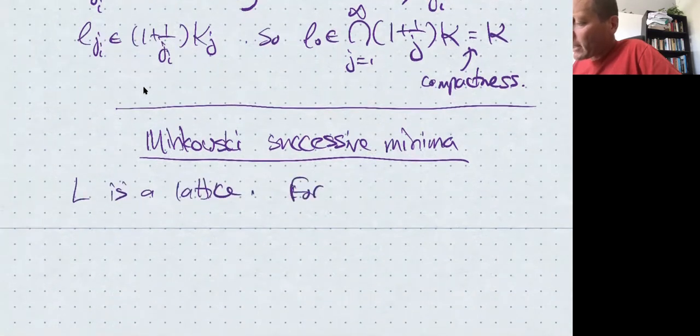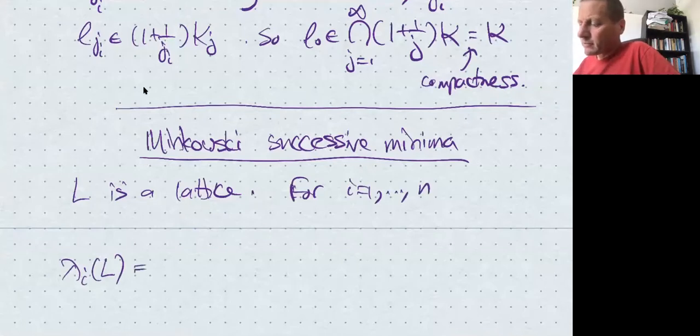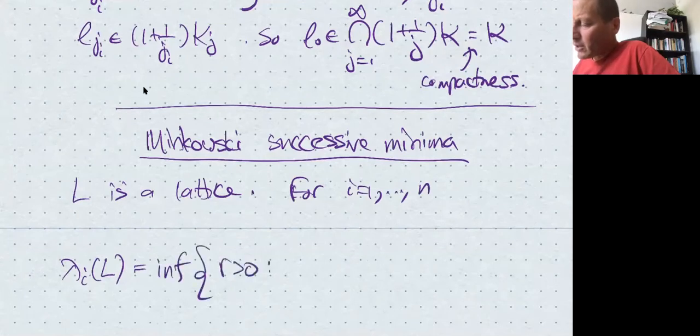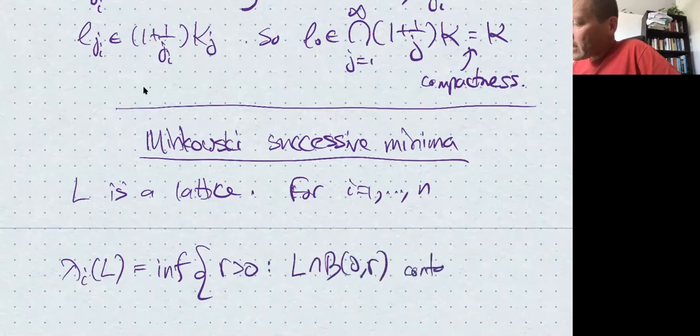For i between 1 and n, we can define lambda i of L to be the infimum over the positive R so that L intersect the ball of radius R contains i linearly independent vectors.